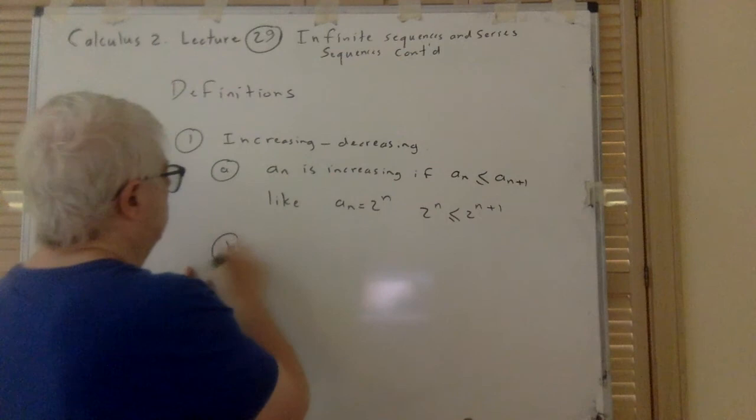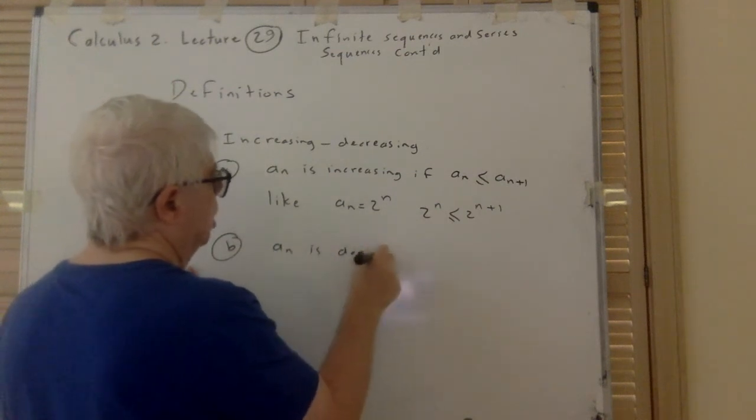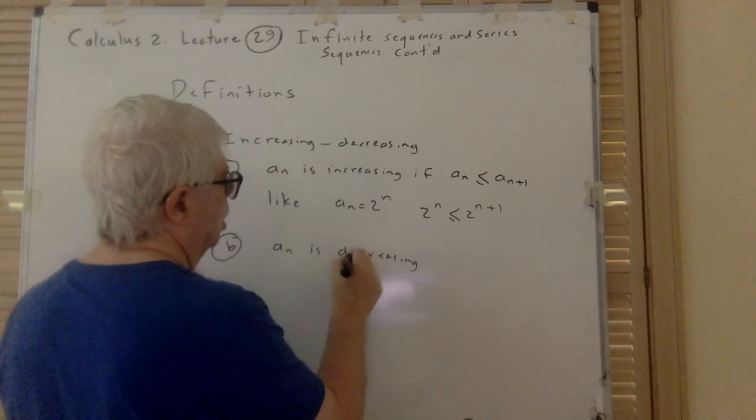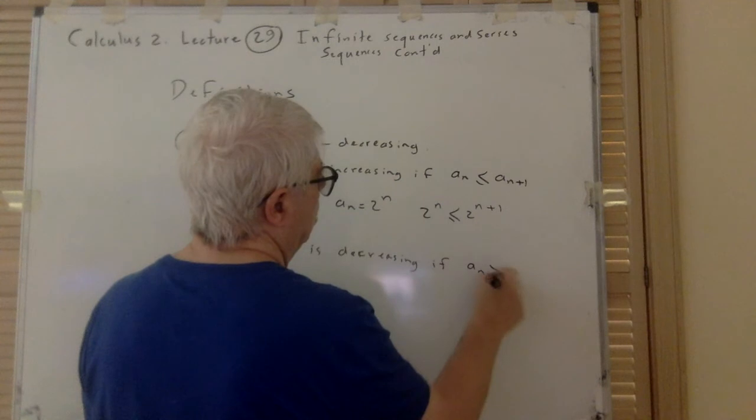Second, a_n is decreasing if the inequality goes the other way around.